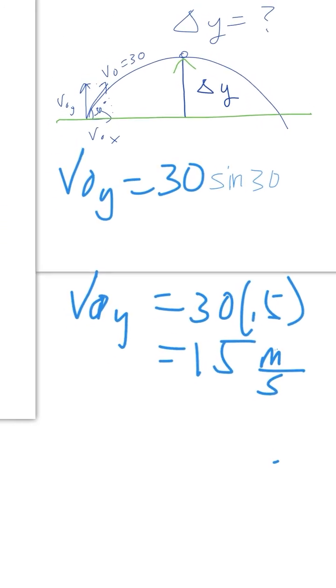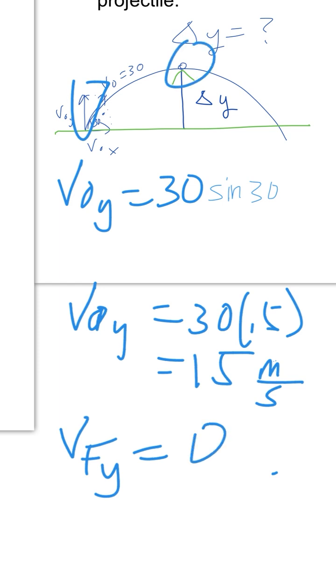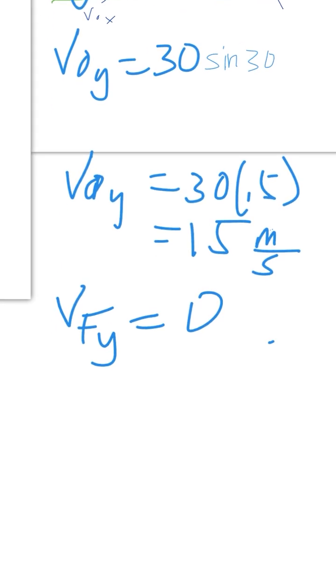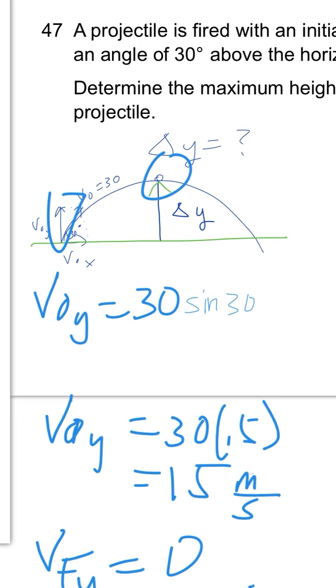So, what is VFY at the top? Well, it's 0. This component shrinks to 0 at the very top. So now you can use a simple equation. D equals VT.